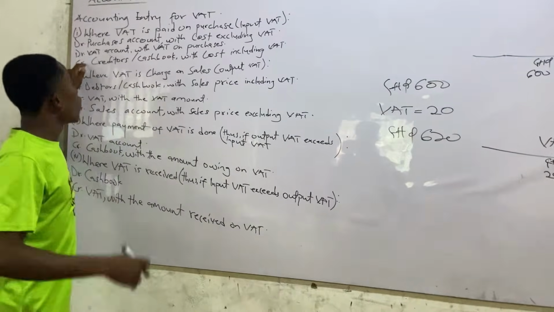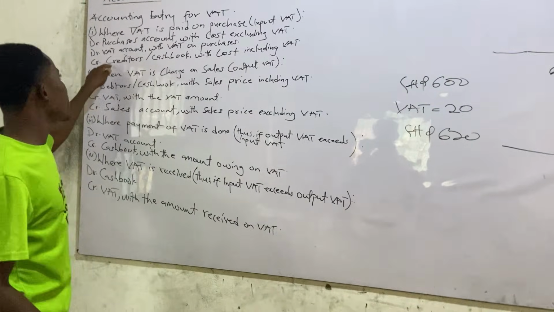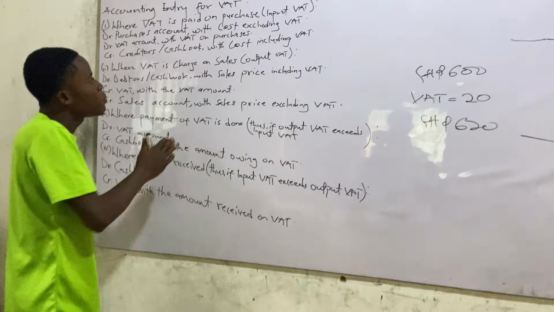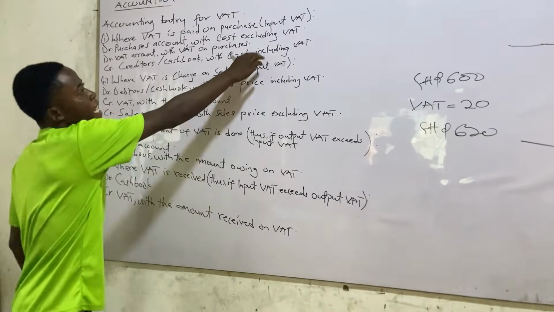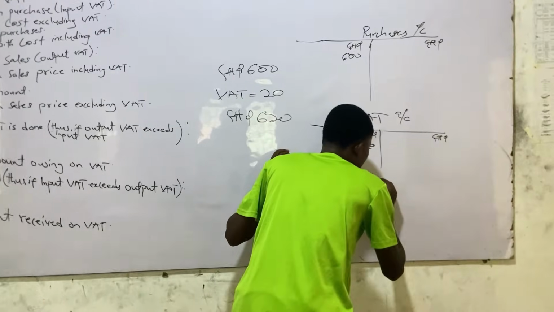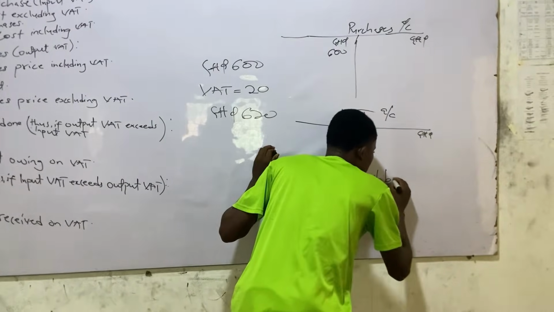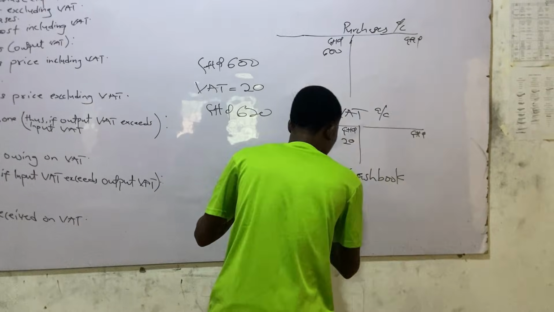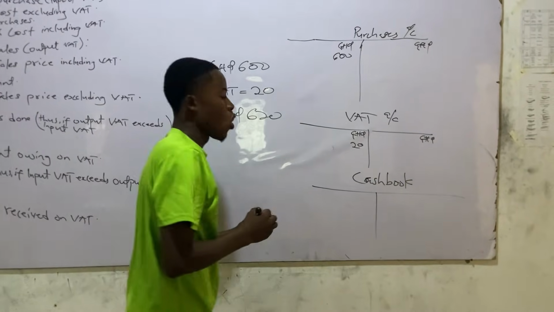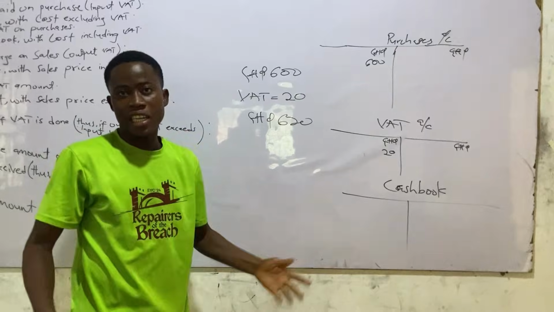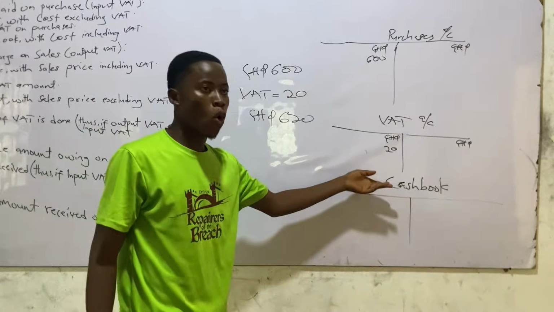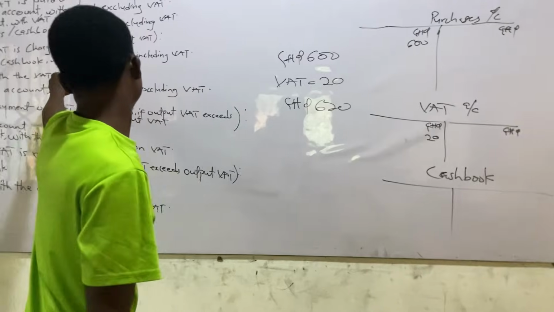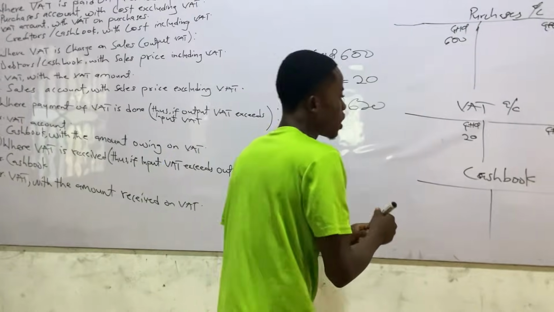And then the third thing we are supposed to do is we credit the creditors or cash book with cost including VAT. So this is our cash book. Or we can also say this is our creditors account, either our creditors or cash book. So we do what?